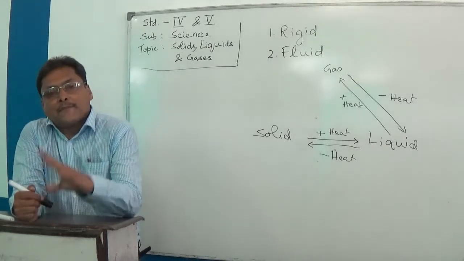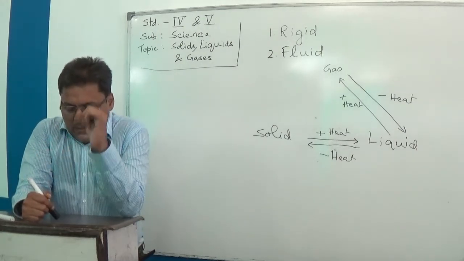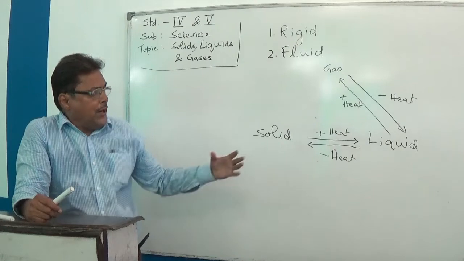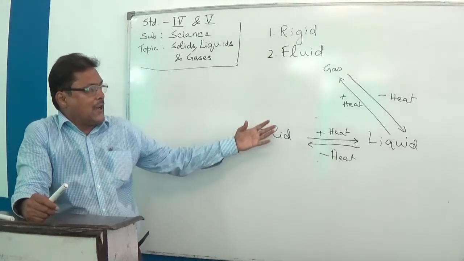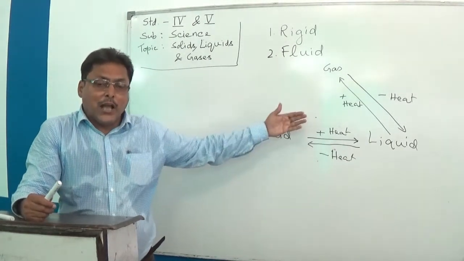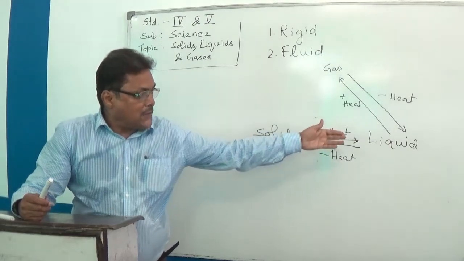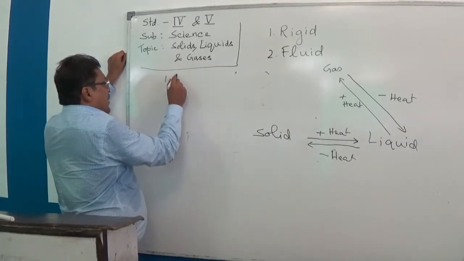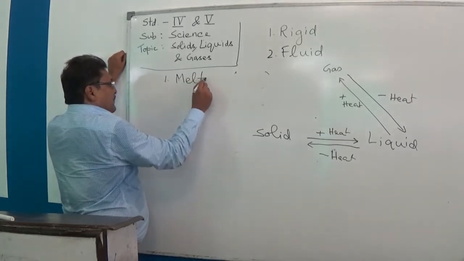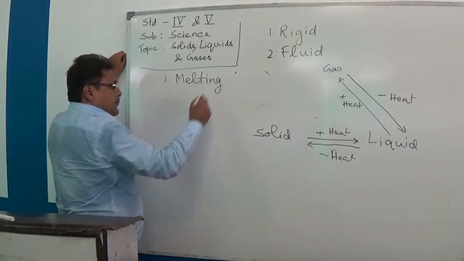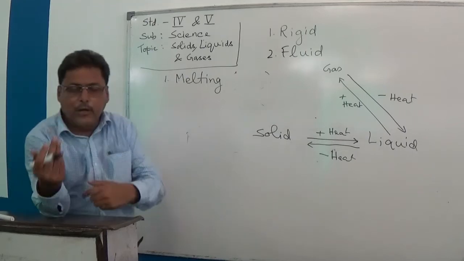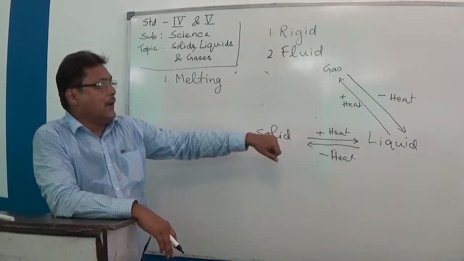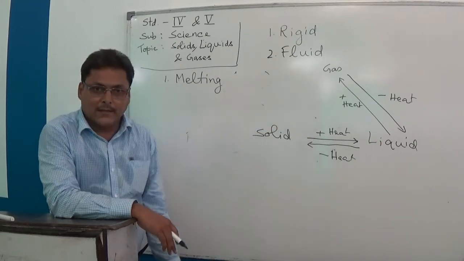These processes have some names in it. I will give you the name and the description. When we heat a solid, add heat to the solid, and it becomes liquid, we call this process melting. And if we go on heating, adding heat to that liquid, it becomes gas.